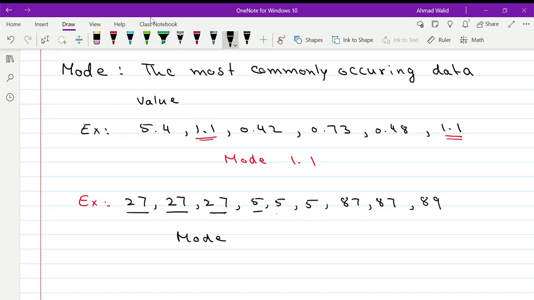Also 5 occurred 3 times. Then 5 and 27 are the mode. You may tell me, oh, 87 also occurred twice, but no. The most. You have 2 87s. If you had 3 of them, yes, it would also be a mode. We call this one bimodal because there are 2 of them.